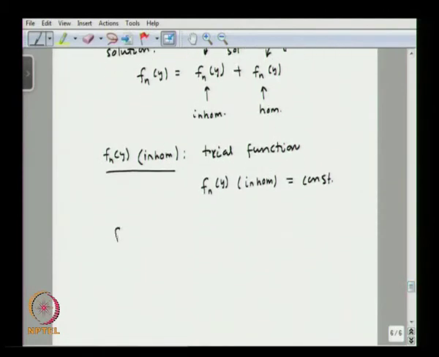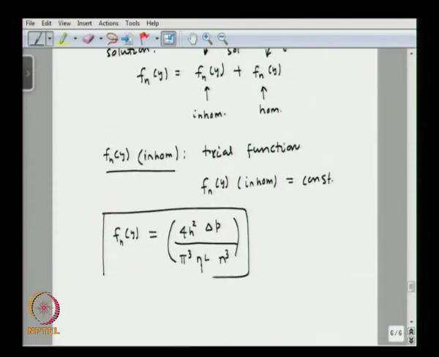The function f_n(y) for the inhomogeneous case would be 4 h square into delta p divided by pi cube eta L into n cube. Here eta must be differentiated from n. So, this is the inhomogeneous solution, and here n is odd.